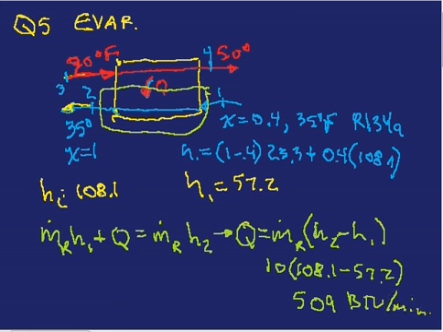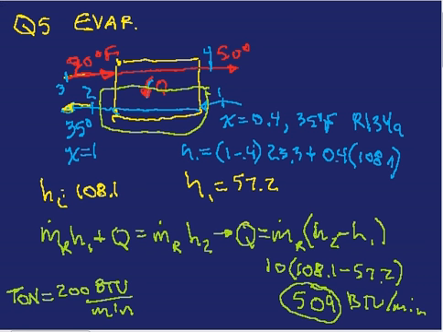By the way, especially when we're talking about refrigeration, there's another unit of heat transfer that we call a ton of refrigeration or a ton of cooling. A ton is equal to 200 BTUs per minute. You may have heard this about your air conditioning units. So what we have here in this evaporator is 509 BTUs per minute.